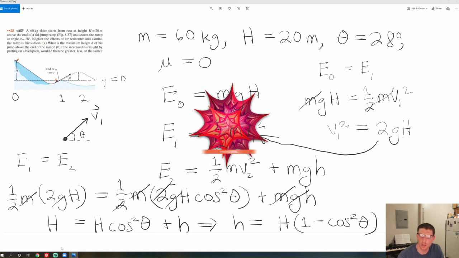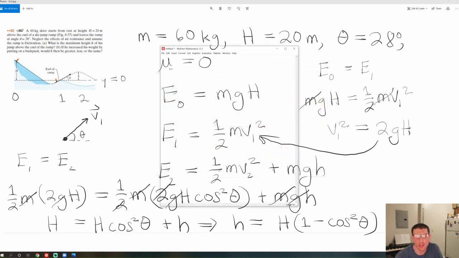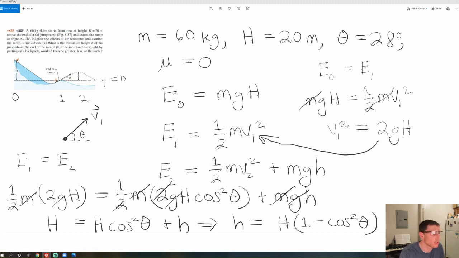We want to make sure that little h is not larger than big H, I think is what we really expect to find here. So let me just do this really quickly. I'm going to say 20 times 1 minus cosine of 28 degrees squared, and tell me what that number is. Okay, so I'm finding it's 4.4. Let's say it's about 4.41 meters.